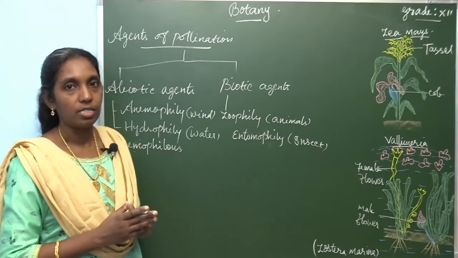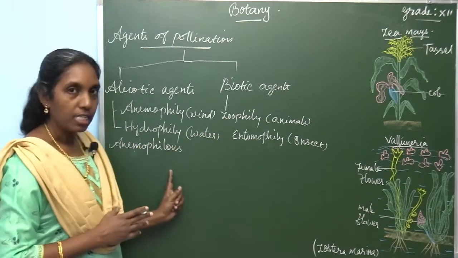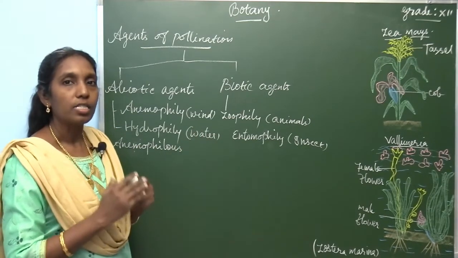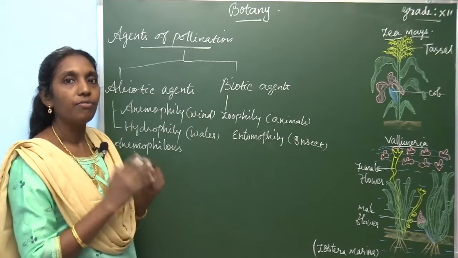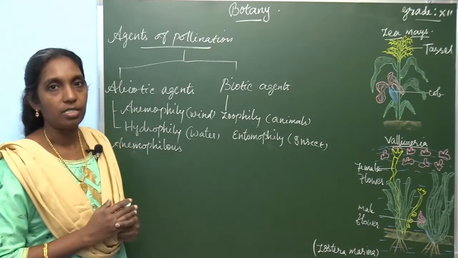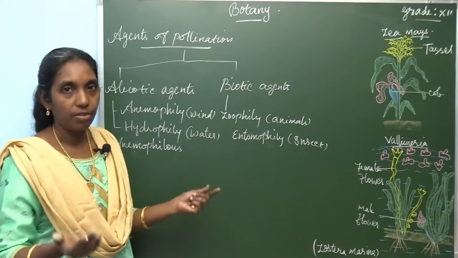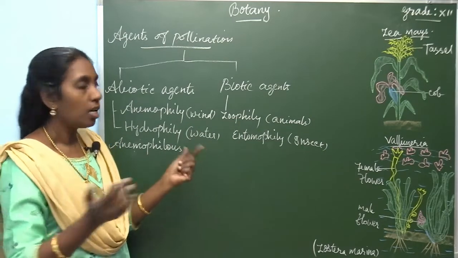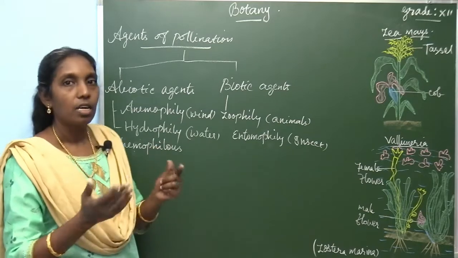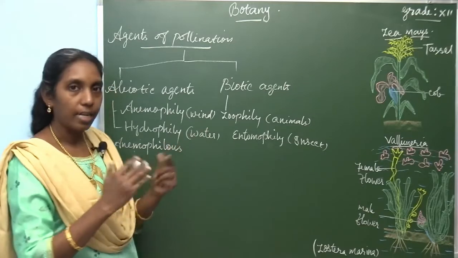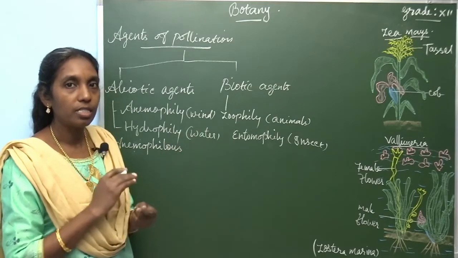Anemophilous plants, that means the wind pollinating plants, are situated in wind exposed regions. And this process is a chance event. When the wind blows, the pollen grains are carried and effective pollination takes place.